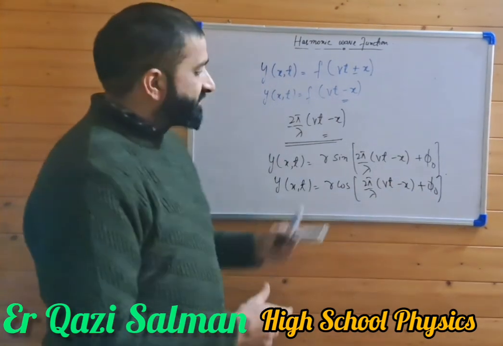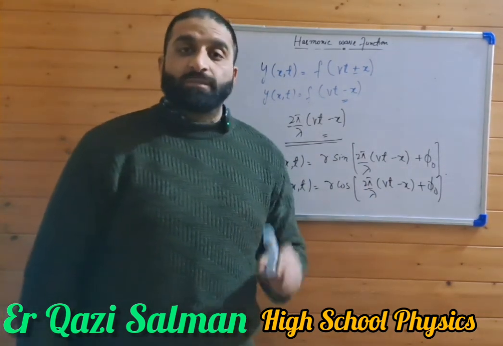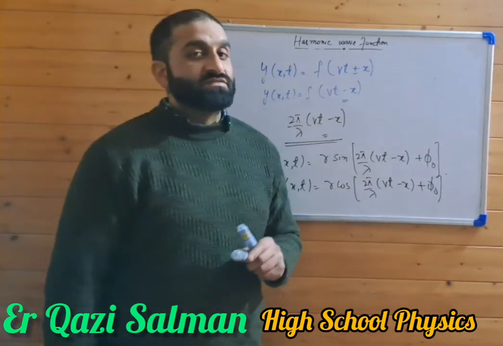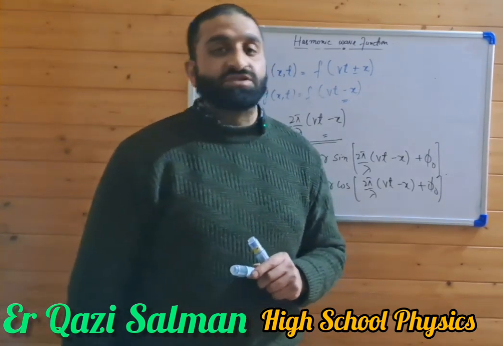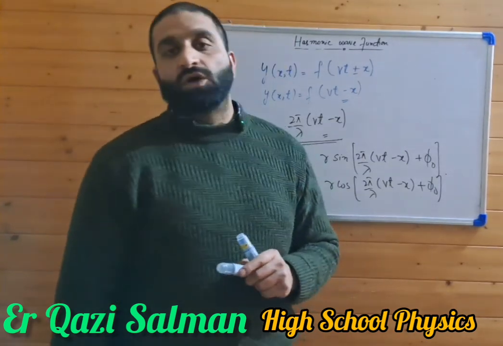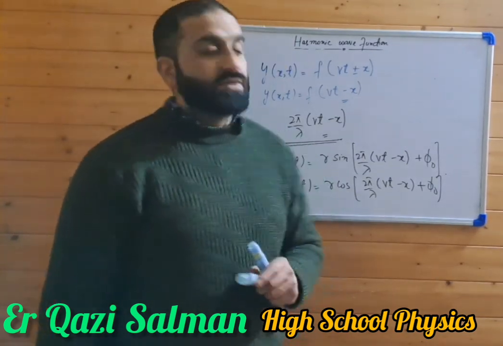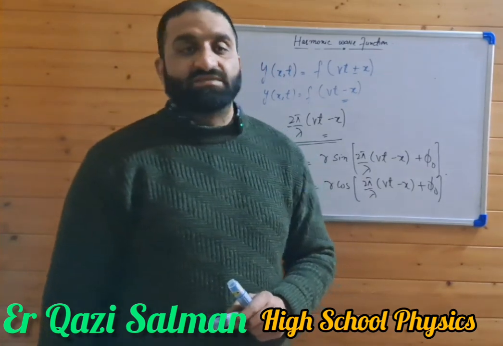Now what is the difference between sine and cos? Sine is used to represent those periodic waves which start from the mean position, and cos is used to represent the periodic waves starting from the extreme position, r being their amplitude, that is, their maximum displacement.